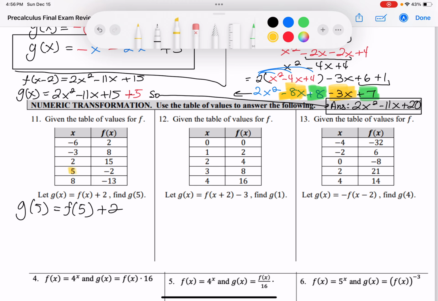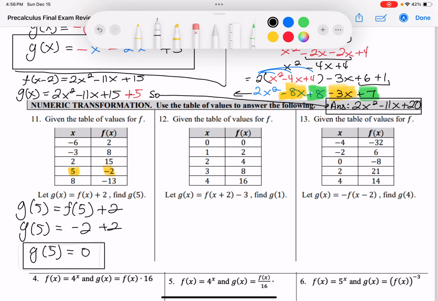Well, in this case, f of 5 is equal to negative 2. So g of 5 equals negative 2 plus 2. So g of 5 is equal to 0. And that is the answer for that one.